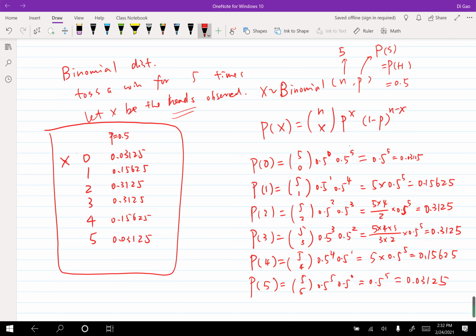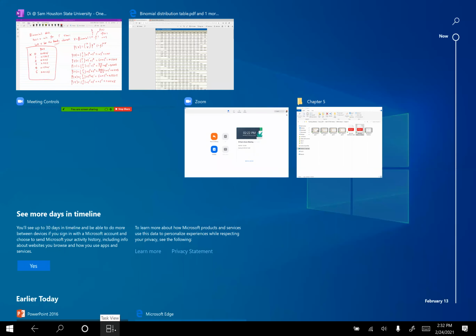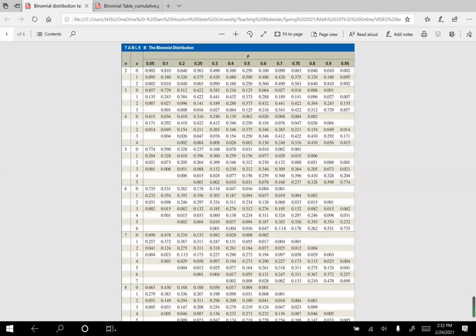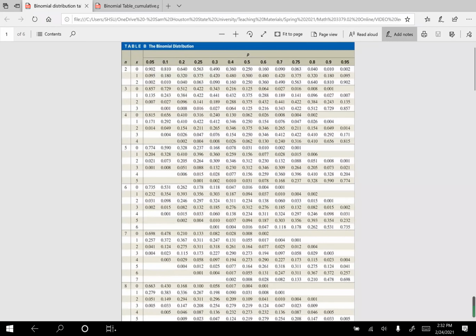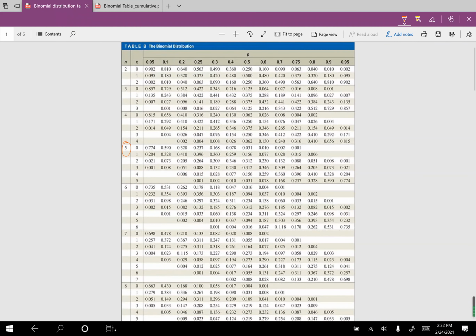So next time, if you want to look at binomial n equals 5, p equals 0.5, we can just check the table. We don't have to calculate it anymore. So let's recall these numbers and look at them in the table we have. We have n equals 5, and p, the little p, probability of success, equals 0.5.